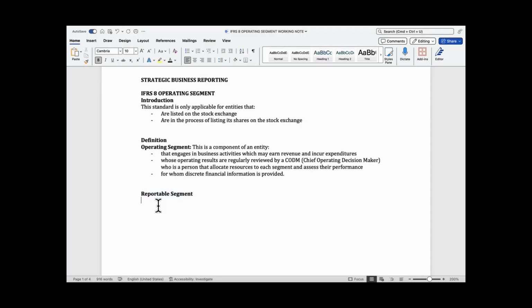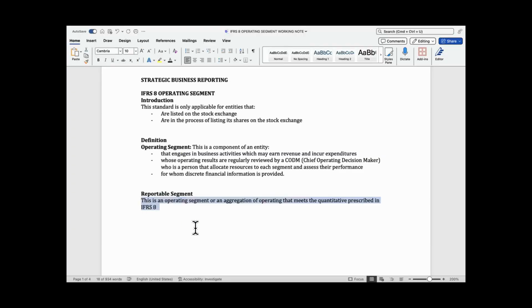And a reportable segment is an operating segment or an aggregation of operating segments that meets the quantitative threshold prescribed in IFRS 8, which is the standard.